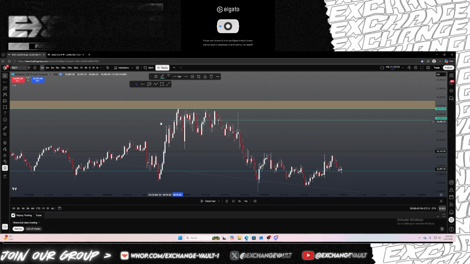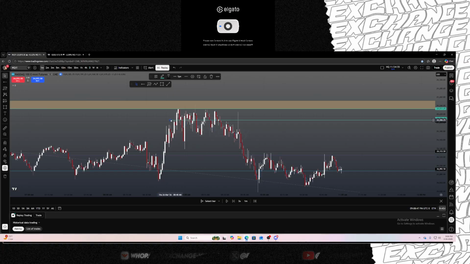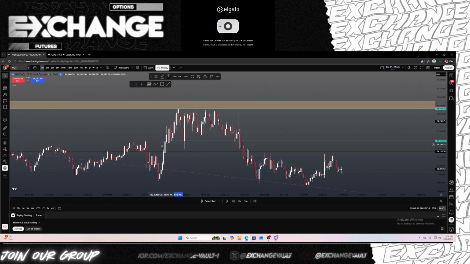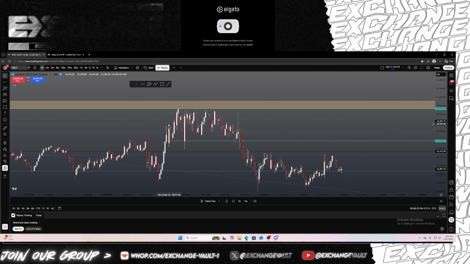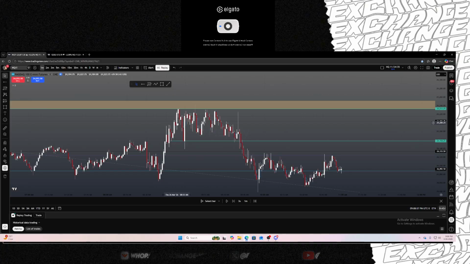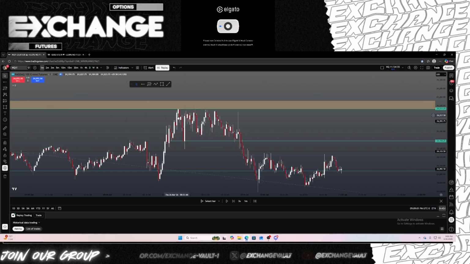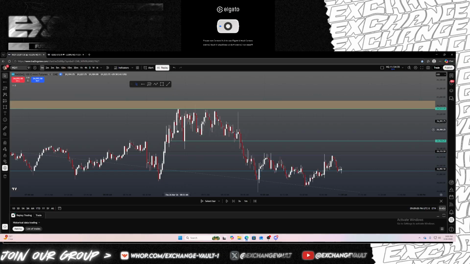Sorry, I had to sneeze. It can't be that same one, right? So in this instance, this is my low here, and this is the lowest point before we broke above. Why am I not using this one? Because this is lower than this one here, and this is the candle that caused the break. Does everyone understand that? Thank you. Yes.